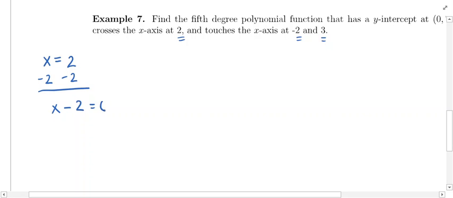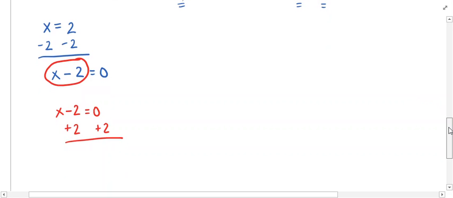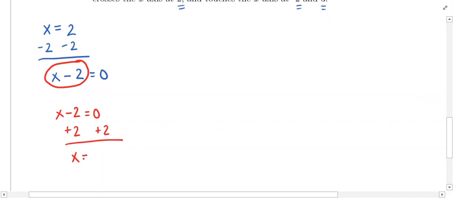And so I'm going to get x minus 2 is equal to 0. That means x minus 2 is going to be your factor, because if you take this factor and set it equal to 0 and solve, you're going to get the x-intercept or the 0 of +2. So the first thing that needs to go in our factorization is x minus 2.